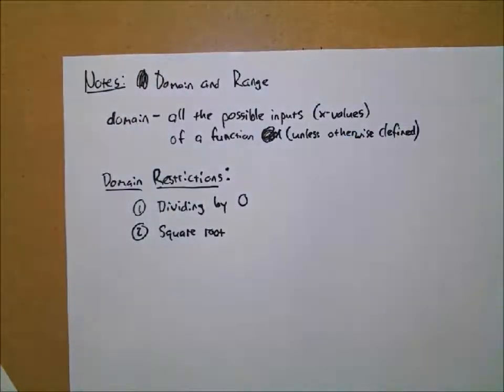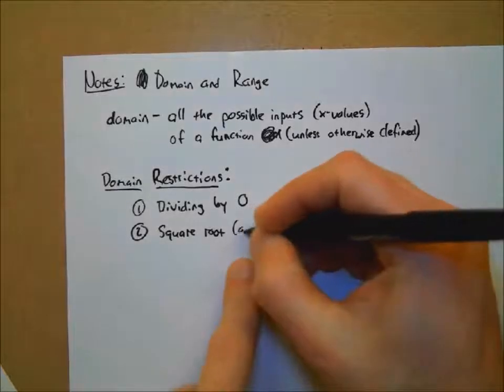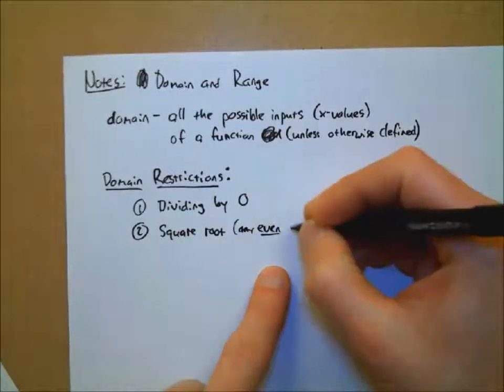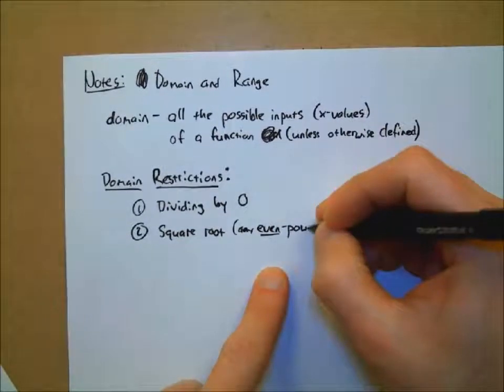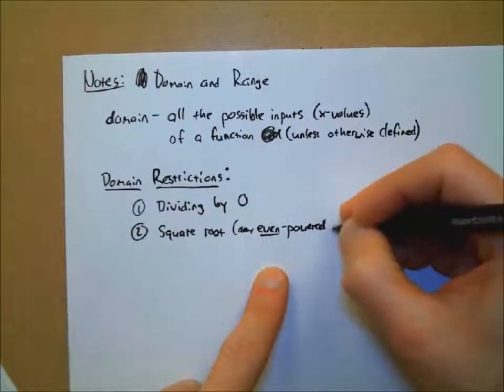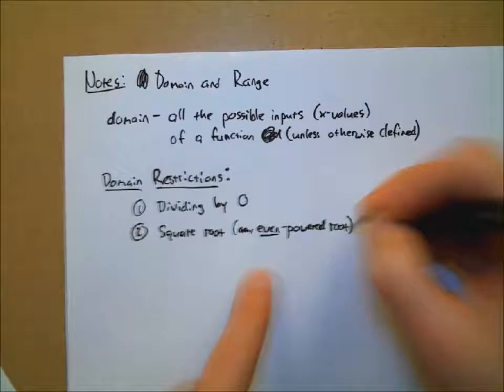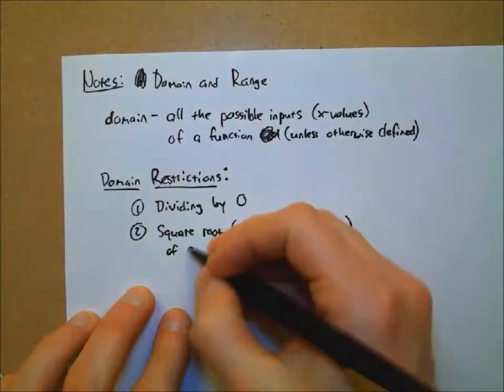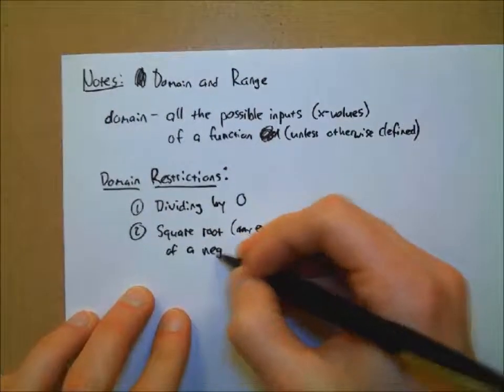Can we take the fourth root of a negative? No. Okay. So square roots and even powered roots of a negative. Okay, we're going to be keeping it real for now.